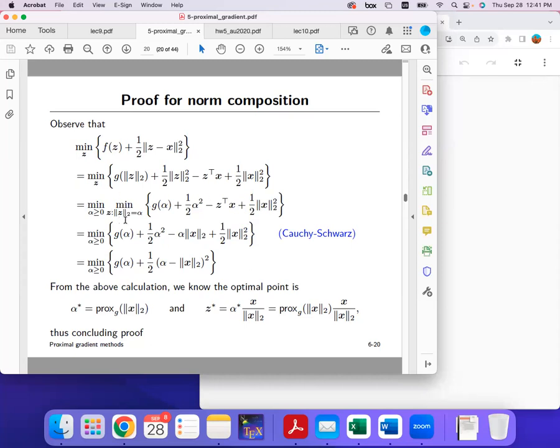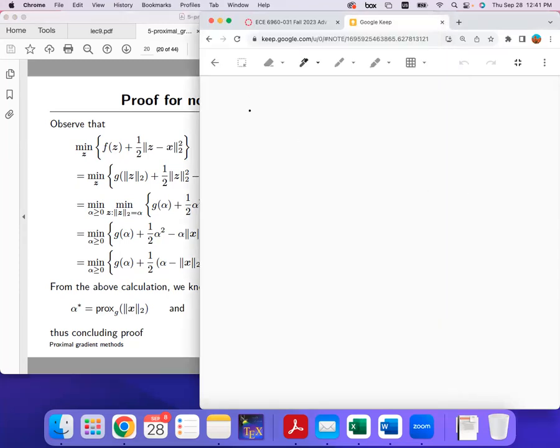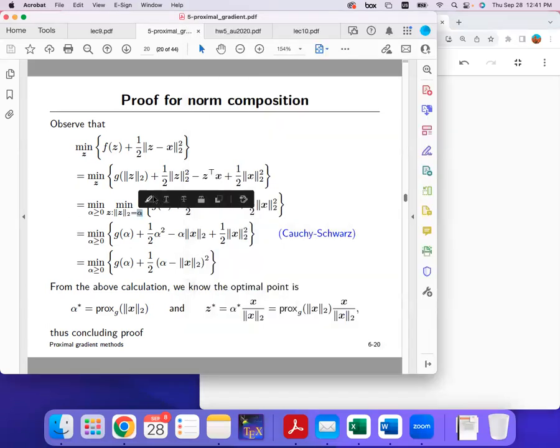So essentially, we are minimizing over these z's of this negative inner product. So we are considering this minimization problem. Right? Because given alpha, these two terms are fixed. The last term is also fixed. The only thing we are minimizing over is this inner product.